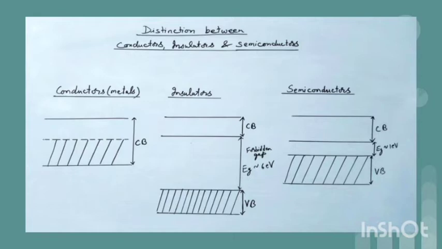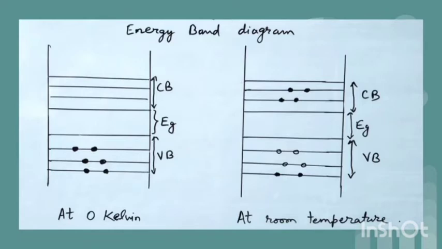In semiconductor, valence band is completely filled and conduction band is empty. The forbidden gap is very small, of the order of 1 electron volt. At absolute zero, that is at 0 Kelvin, electrons are not able to cross even this small gap, and hence semiconductor behaves as insulator at 0 Kelvin.